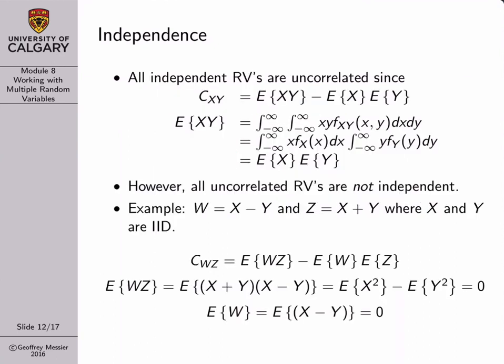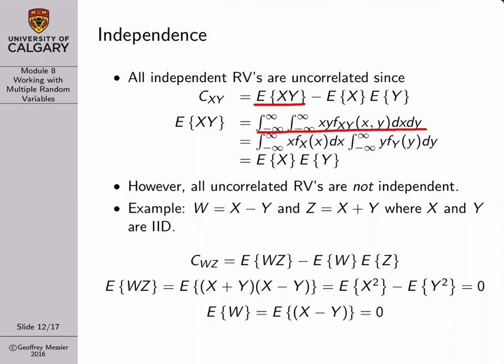Going a little bit further with this, we can fairly easily show that all independent random variables must be uncorrelated. Remember, the covariance of x and y involves the expected value of x times y, which is just given by this integral. However, if x and y are independent, their joint distribution is just equal to the product of their marginals.